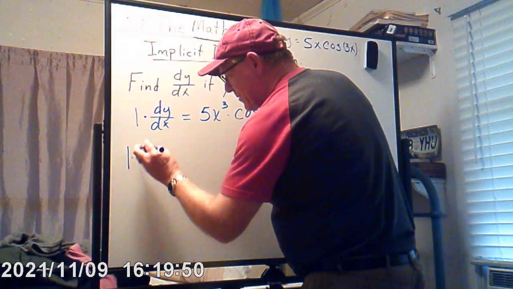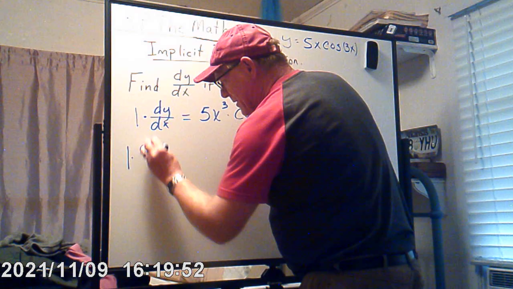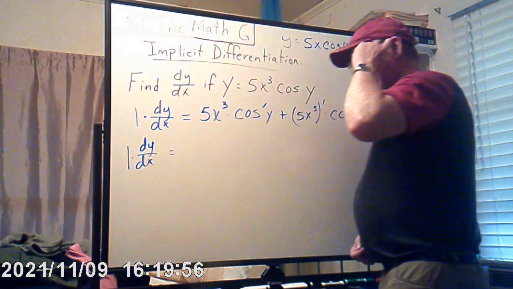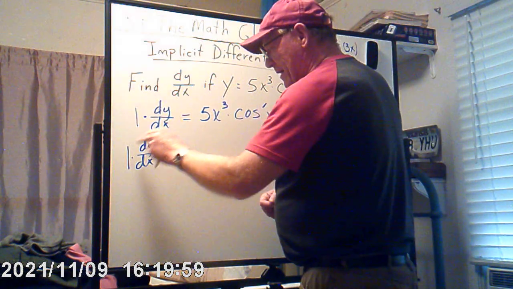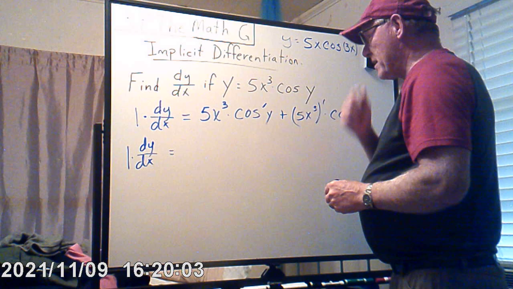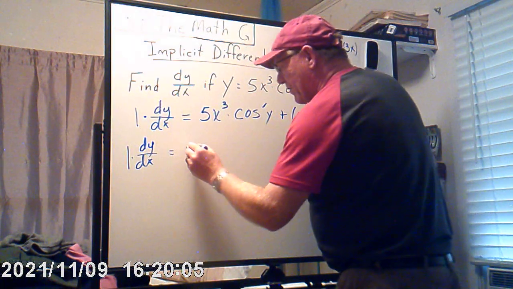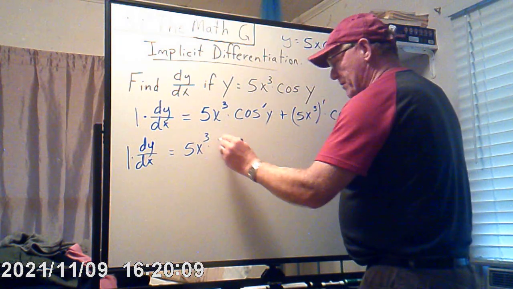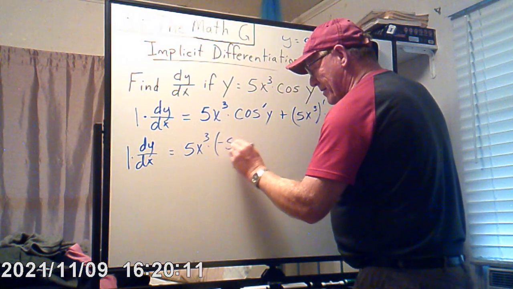The left side is 1 times dy over dx. We could just put dy over dx, but I like to put the 1 there, and there's a reason for that. Alright, so here we go. Let's just follow suit here. 5x cubed. Now the derivative of cosine is negative sine.